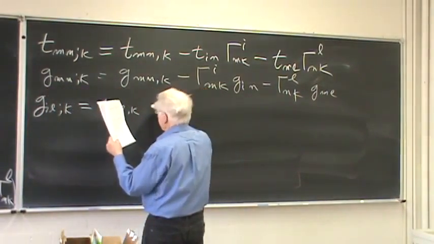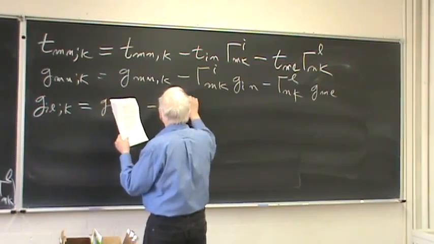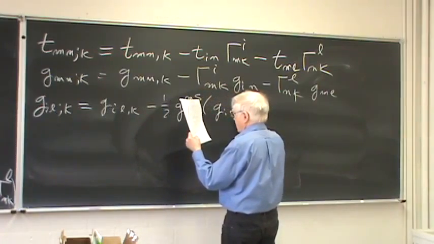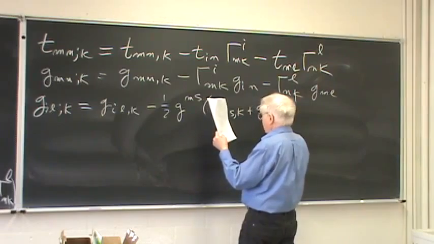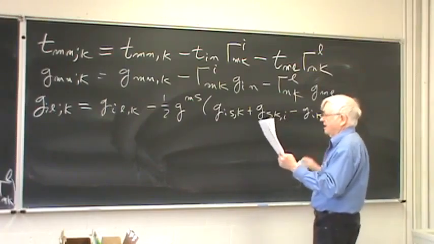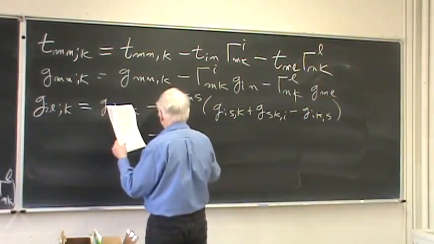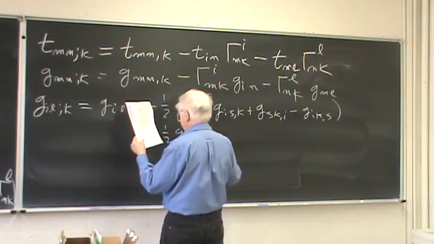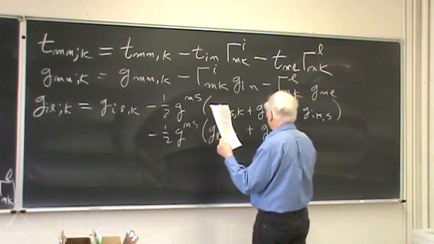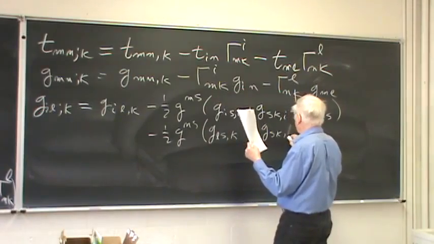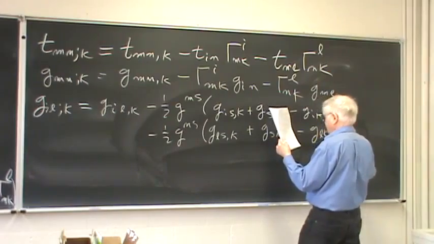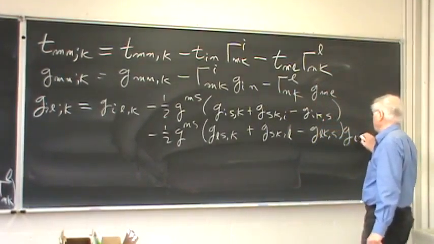And then substituting for this, we're going to have minus a half G^MS (G_IS comma K plus G_SK comma I minus G_IK comma S), and then minus a half G^NS (G_LS comma K plus G_SK comma L minus G_LK comma S), and then G_IN.